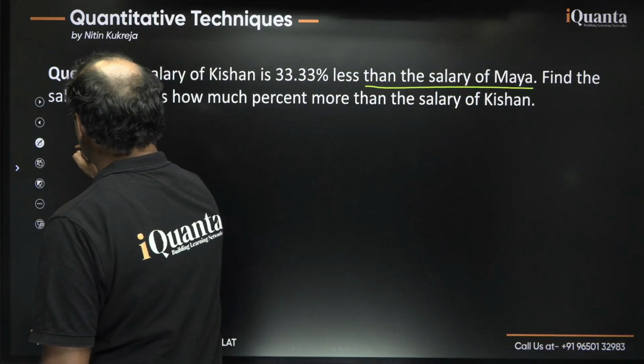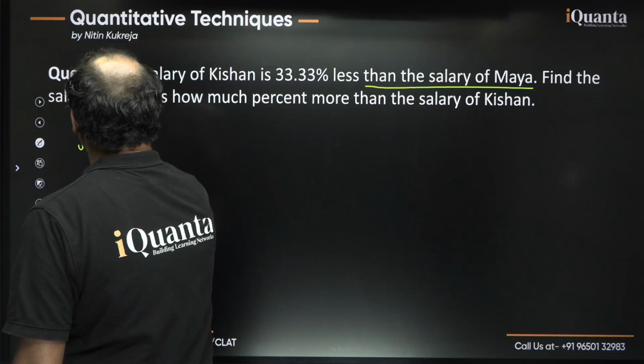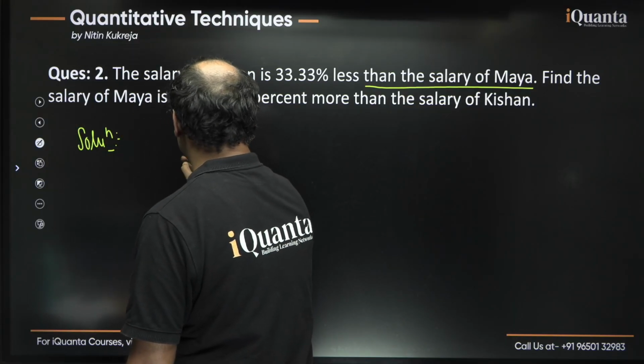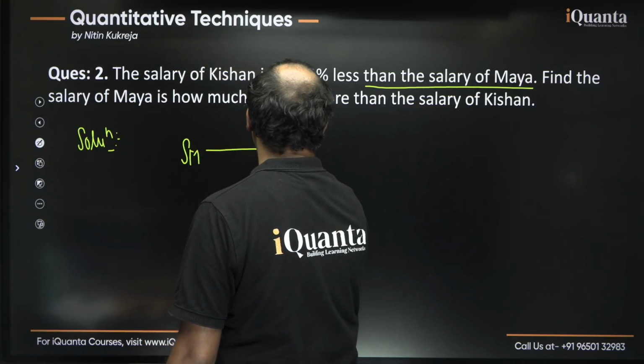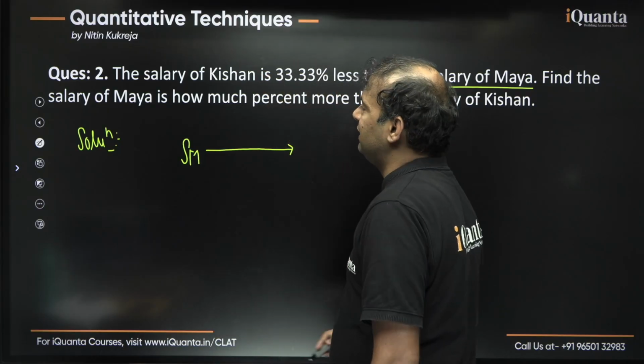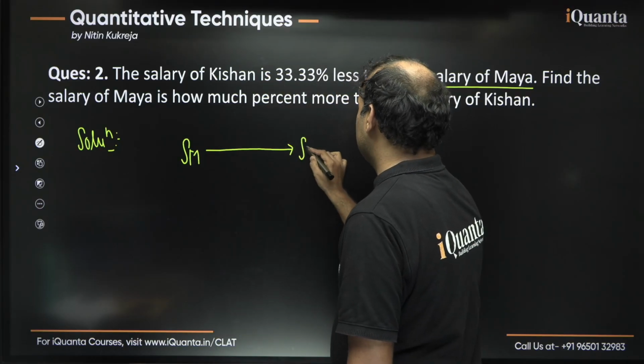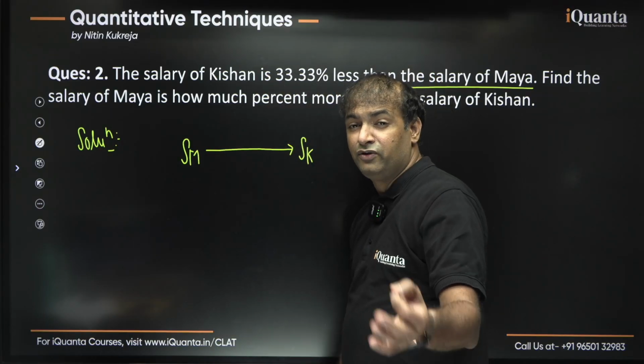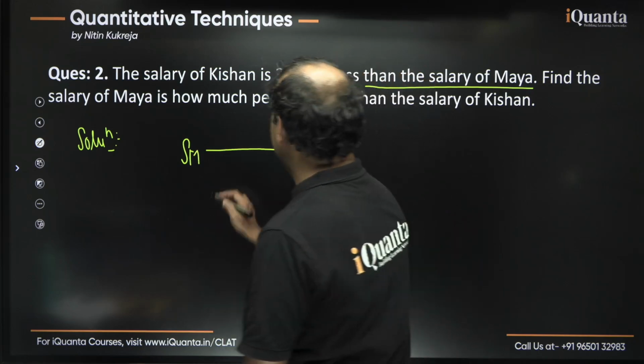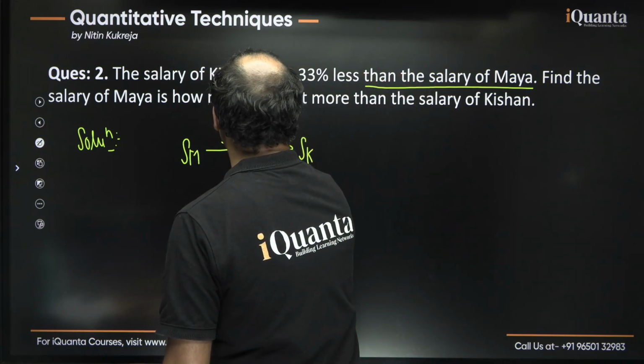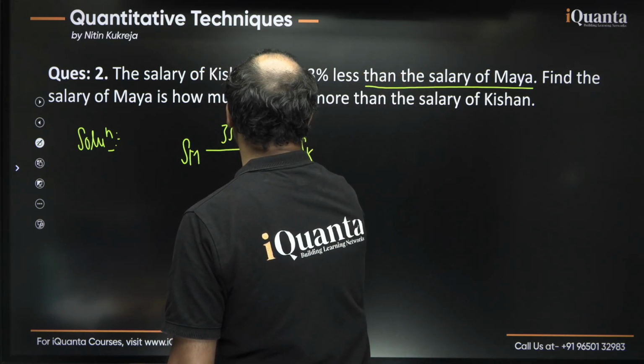And we are given that the salary of Kishan is 33.33% less than the salary of Maya. Salary of Kishan is the final value, salary of Maya is the initial value, and the final value is 33.33% less than the initial value, right?